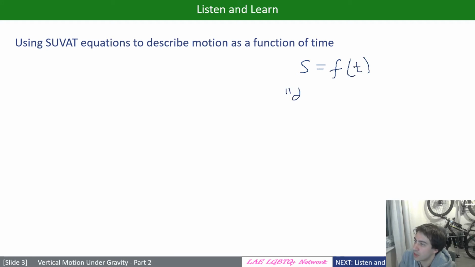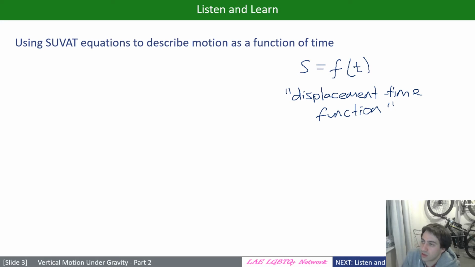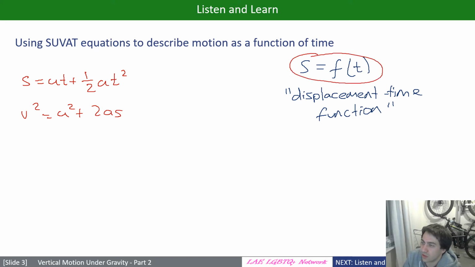So this is making a displacement time graph or a displacement time function for an object. I'm just going to write out the 5 equations, and we're just going to analyze why I can or why I can't use each of them to form this kind of function.